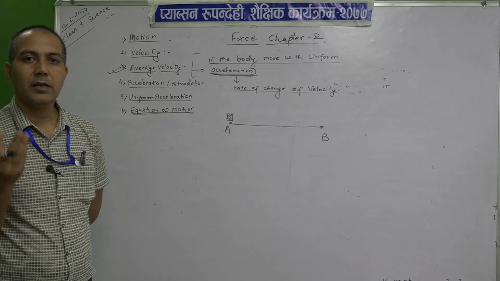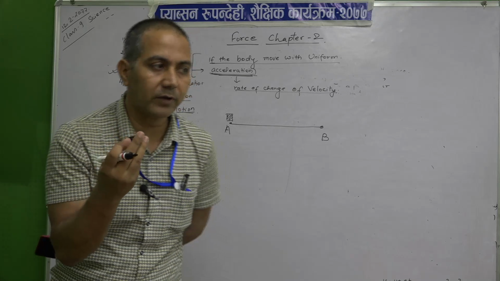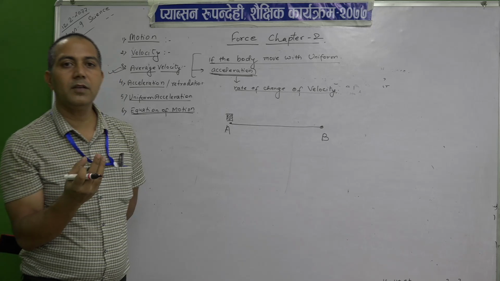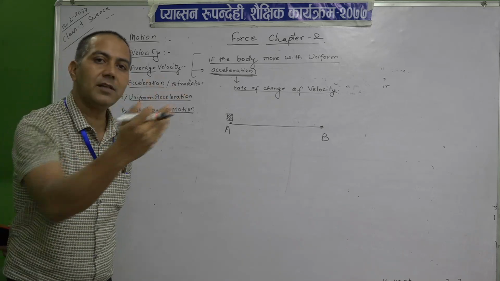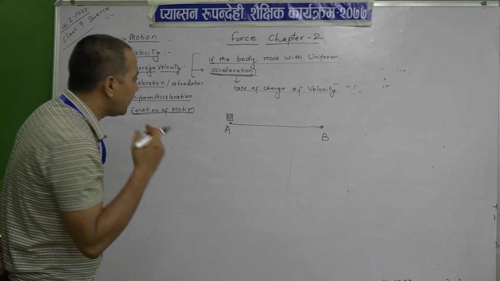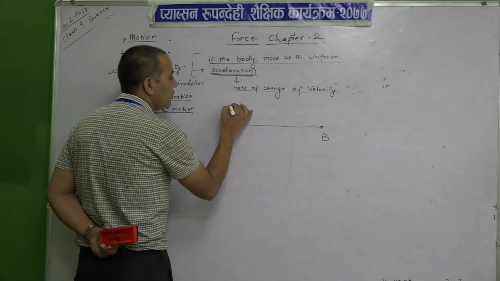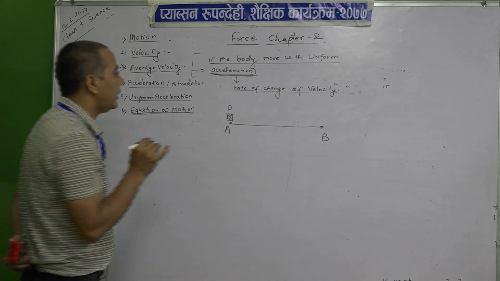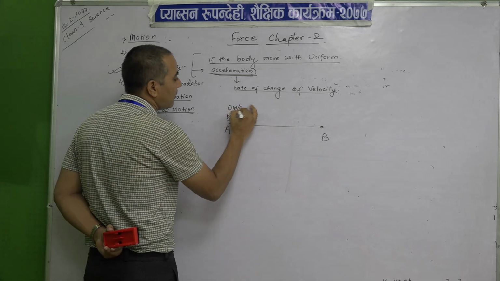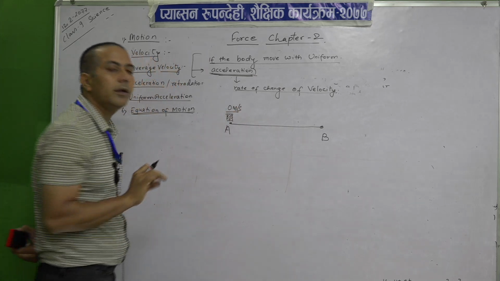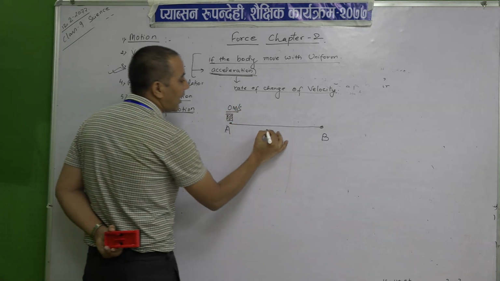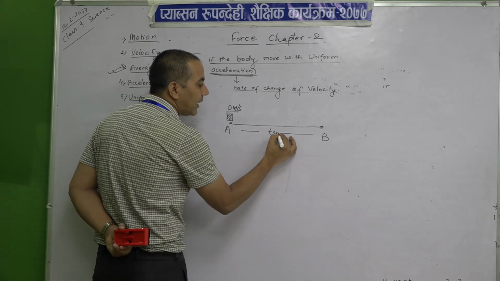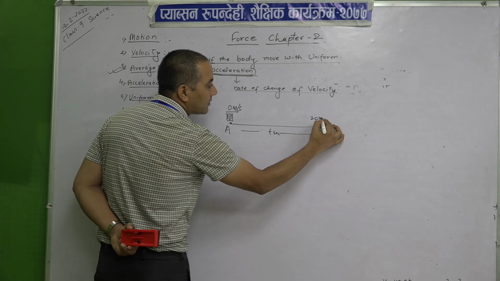In simple words, initial means the first one, and final means the last one. So if the initial velocity is 0 meter per second, because the object is at rest, and it travels for a time t, suppose in t seconds it reaches 20 meter per second.